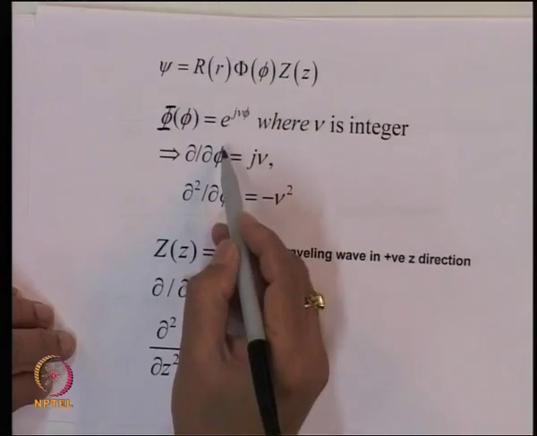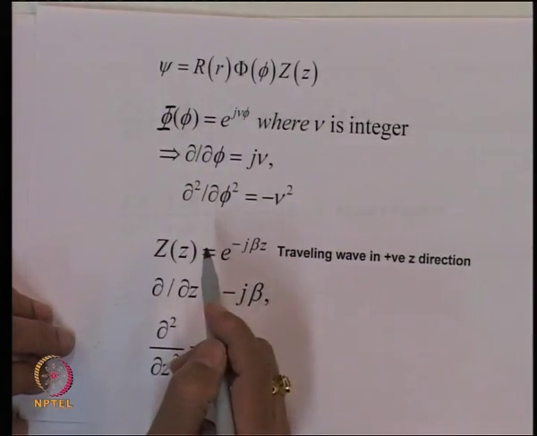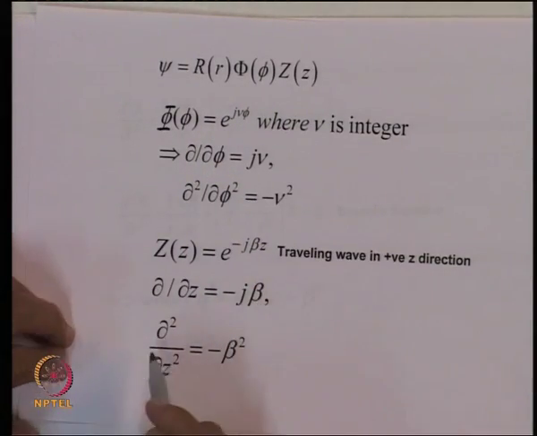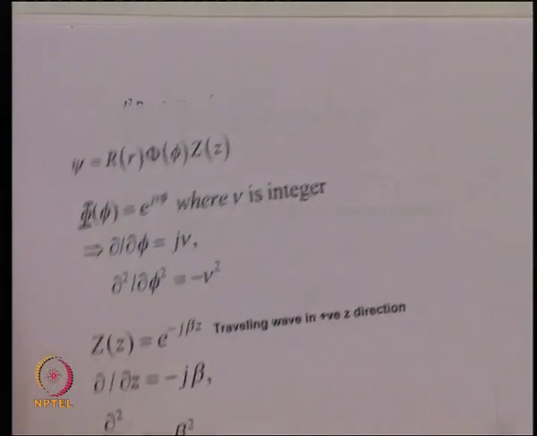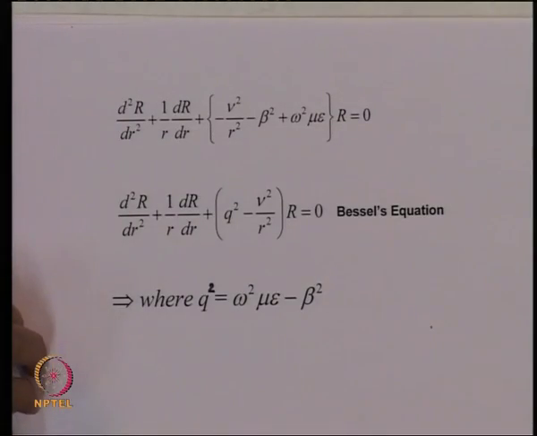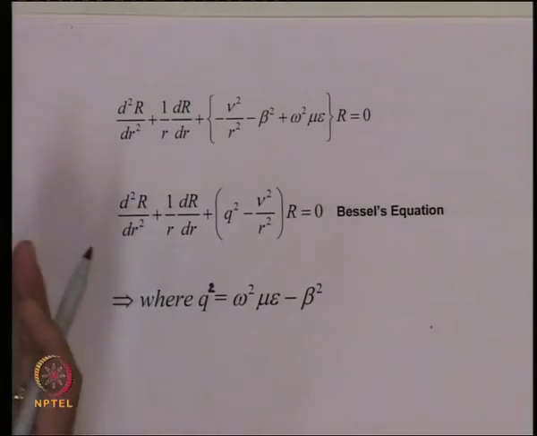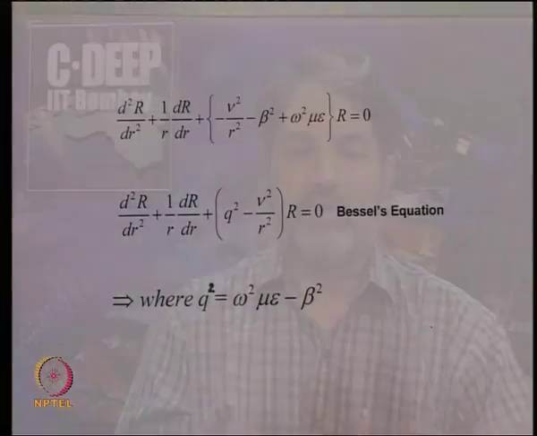So, with this the wave equation is solved, because once I solve this equation I get Bessel functions. Then I can go back and substitute into this. I get a Bessel function multiplied by e to the power j nu phi and e to the power minus j beta z. So, I get the expression for psi, which can represent either the electric or magnetic fields. So, the problem is solved.